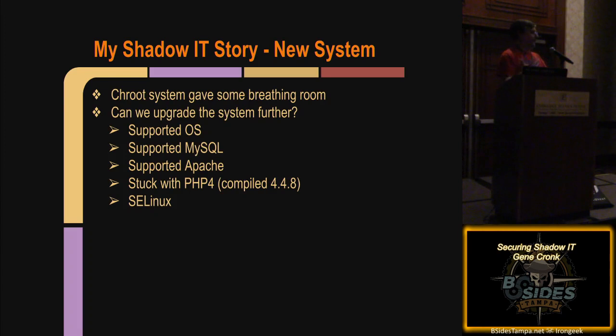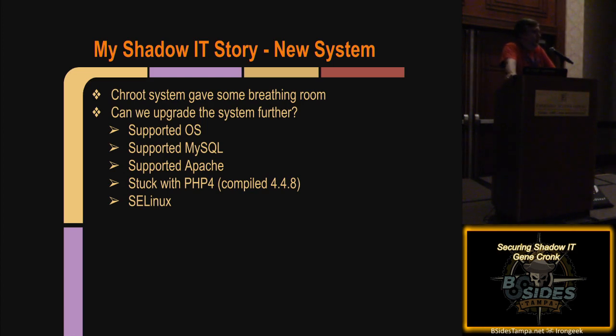So the chroot gave us a little bit of breathing room, but I wanted to upgrade it a little further. For example, a supported OS maybe, supported version of MySQL, Apache. Now, when I took the code and tried to run it on a PHP 5 stack, it crapped all over itself.